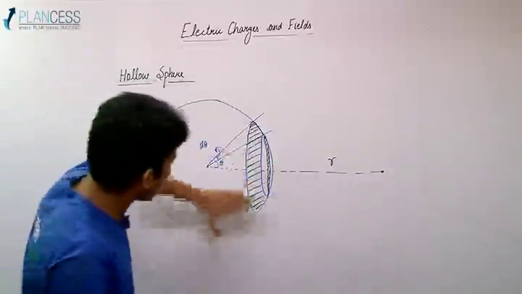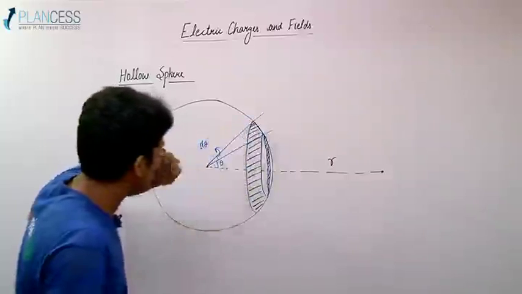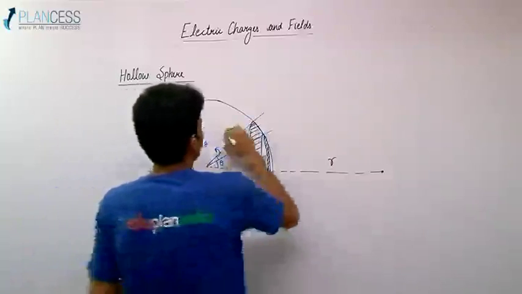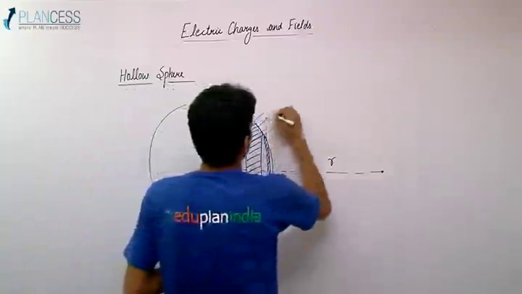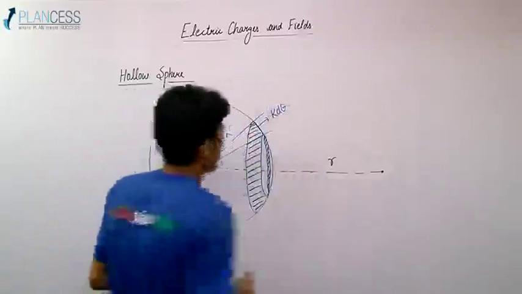This is a ring element of, if this is capital R, this length is R d theta.